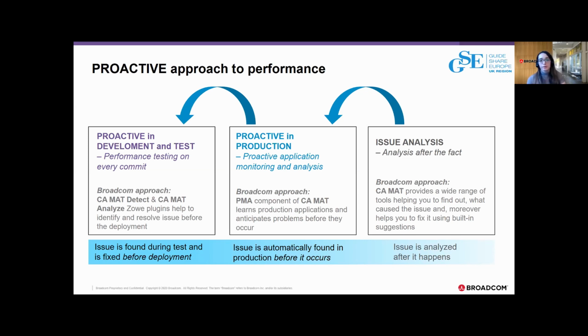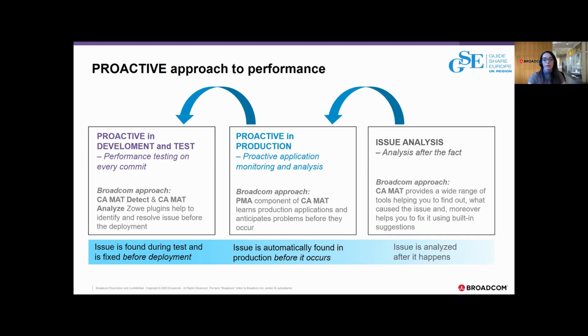The most modern approach, and the one we believe in, is being proactive in development and test: at least have some subset of tests performed on each application change, or at least have active monitoring while you're executing, for example, your functional test bucket. You can just monitor how your application behaves.